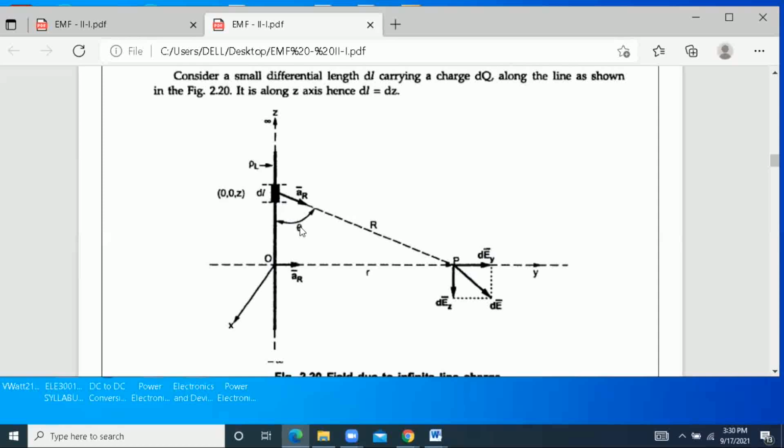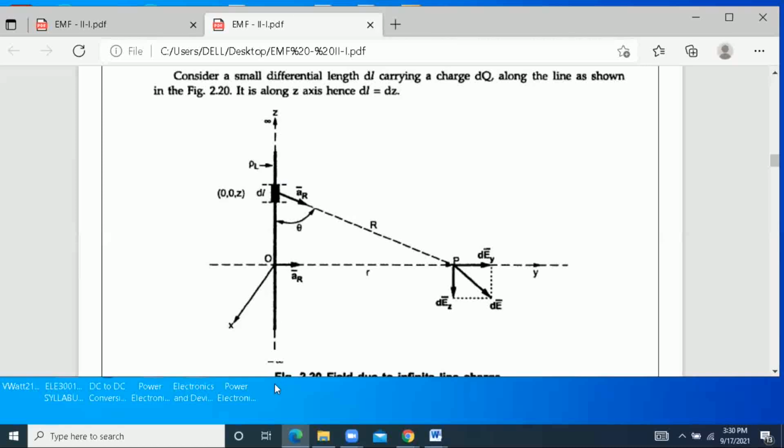So this is your line charge. Your dl, your differential length, is dz. You want to find the field due to the entire length.